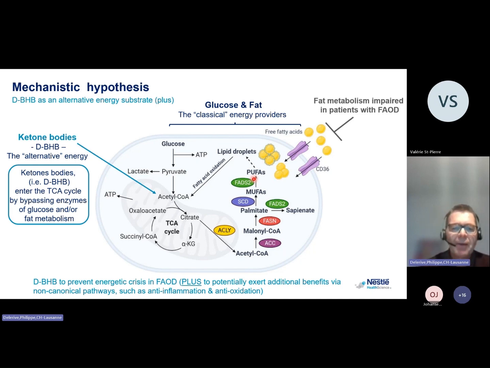So you really bypass the genetic defect, but you may also reduce the production of toxic metabolites such as acylcarnitine by suppressing lipolysis, while being anti-inflammatory and anti-fibrotic in certain key tissues. That's what we tried to demonstrate most recently using different approaches within the team.